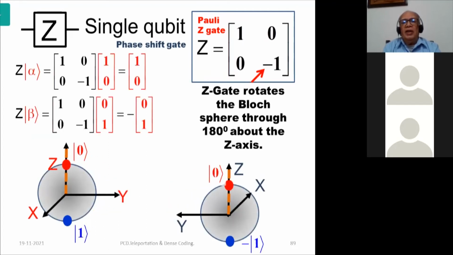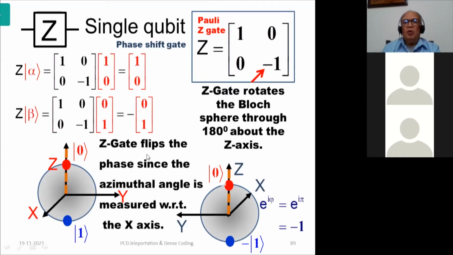So this is what you get. And the reason it changes is because the direction of the positive x-axis reverses under this rotation about the z-axis of the Bloch sphere. So as a result of this, the Z gate flips the phase.